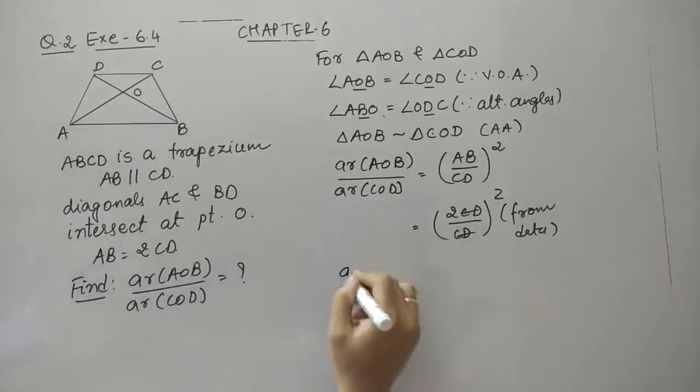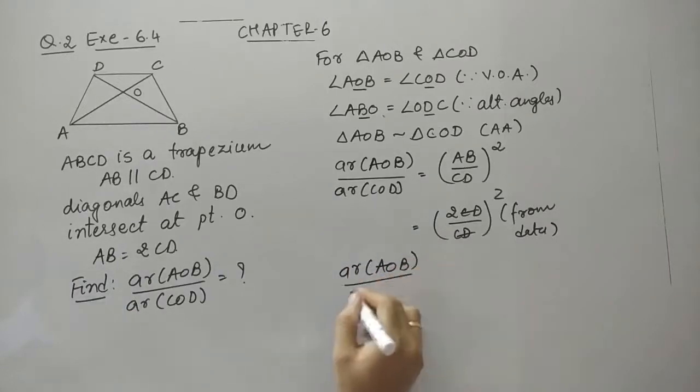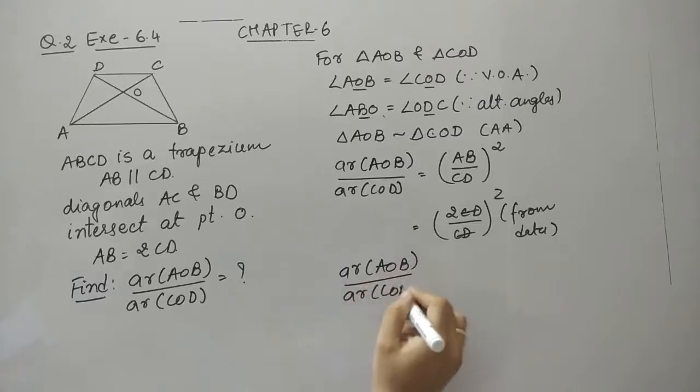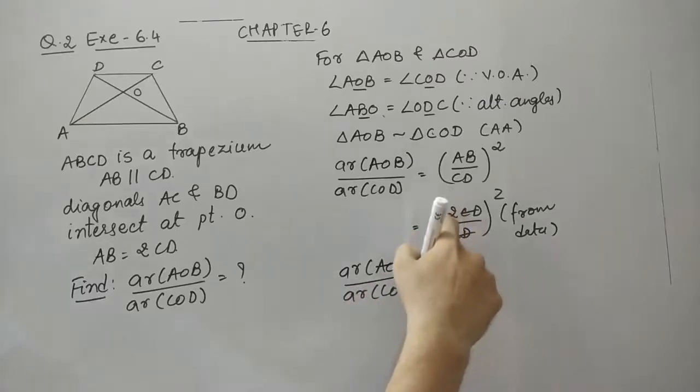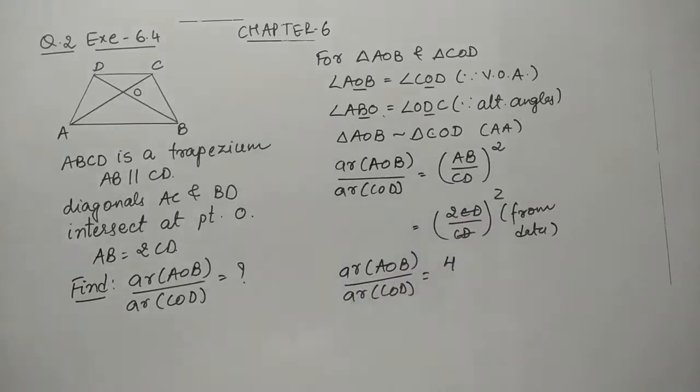So we can obtain the value we required: area of AOB to area of COD is the square of 2 upon 1. So we can write 4, or 4 upon 1. You can write both answers, both are the same. You can also write only 4.